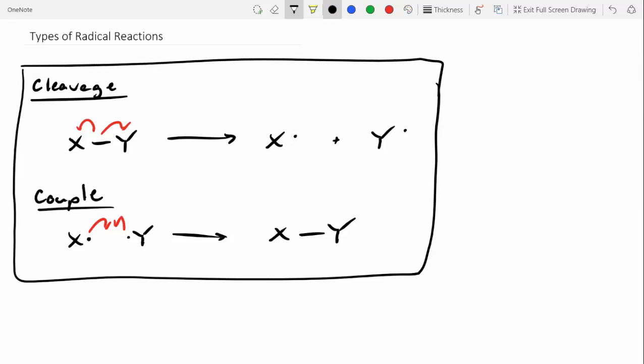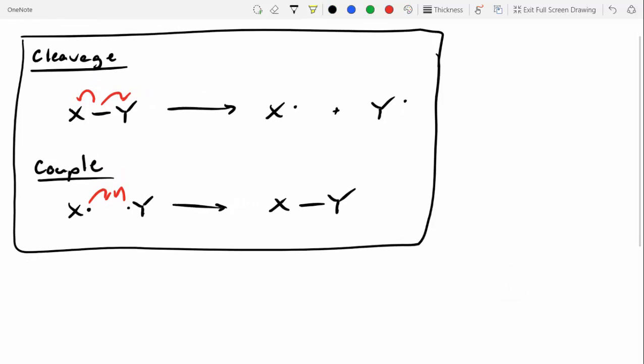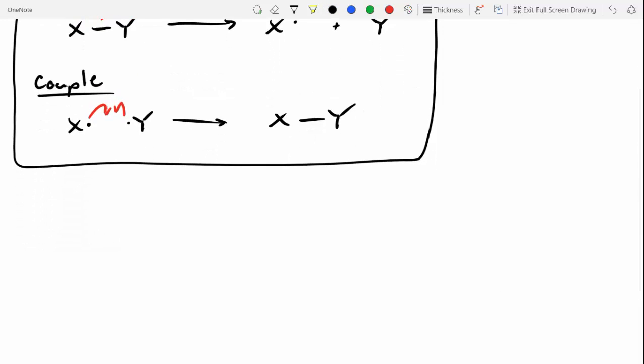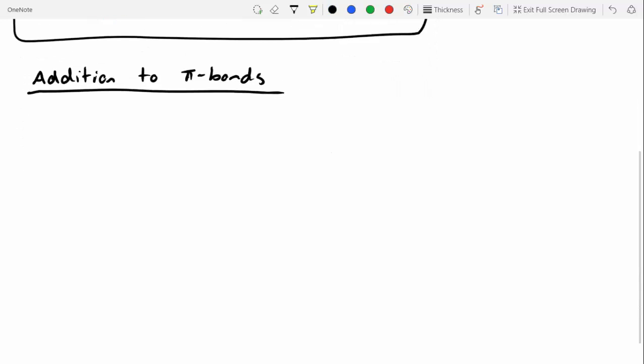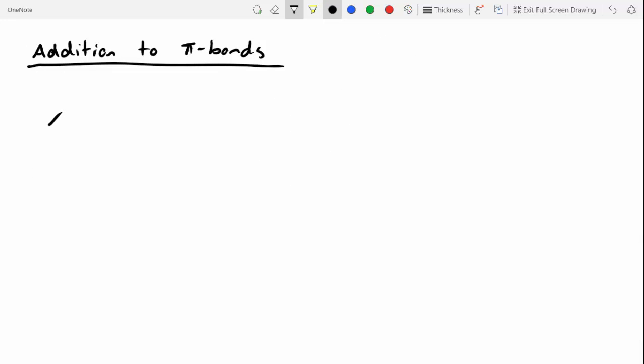The next type has to do with reactions with neighboring pi bonds. So there's one that's addition to a pi bond. Let's try to figure this one out. Let's say I have a radical X, and I've got some sort of alkene over here. And I want to form a bond between that radical X and the carbon in the alkene.